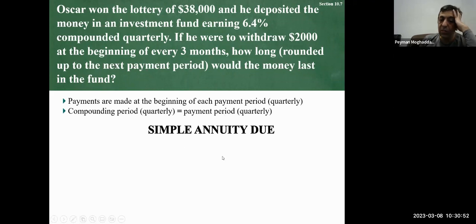Due simple annuity, okay? And is it a present value problem or future value problem? It's the present value because he put the money there and he withdraws from it, so you have to use the present value equation, right? And we don't need to find I2 because it's simple. If it's general, then we need to find I2. If it's simple, we don't need to find I2. So the I is going to be I2, okay?